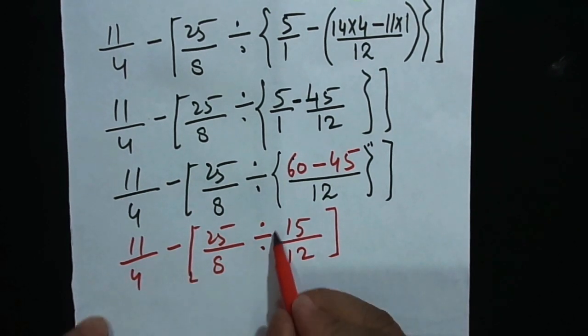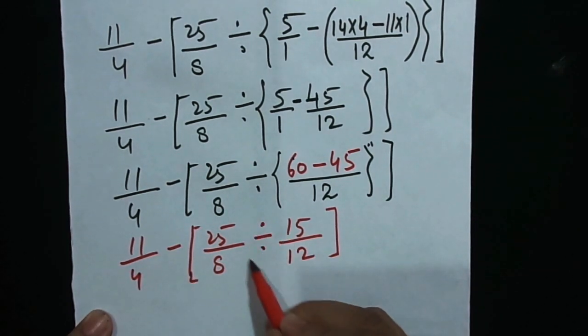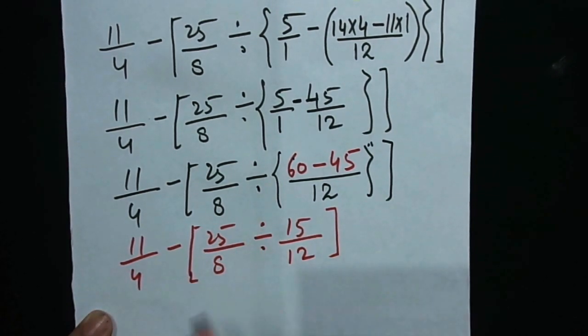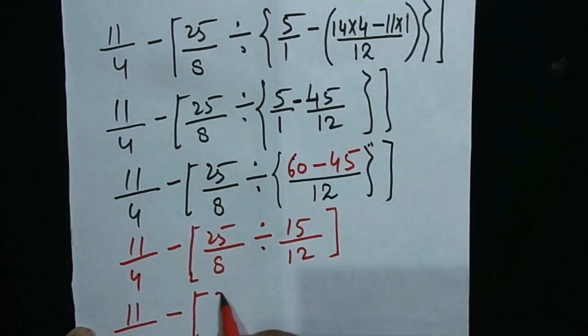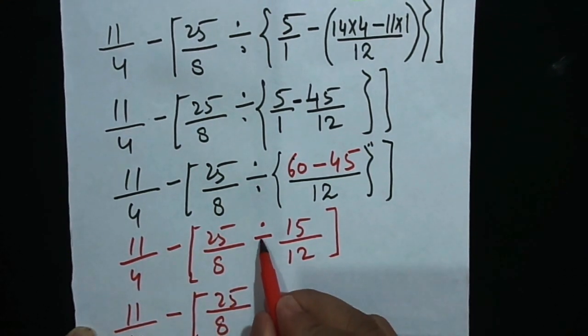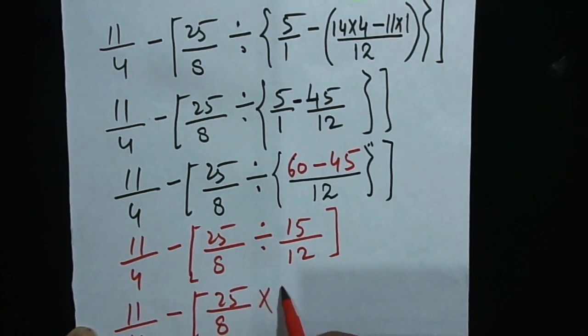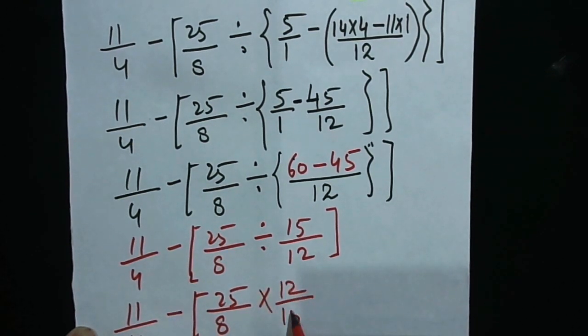Since division is involved, I need to change this into multiplication. So let me change 11 by 4 minus 25 by 8 divided by, so multiplied by 12 by 15.